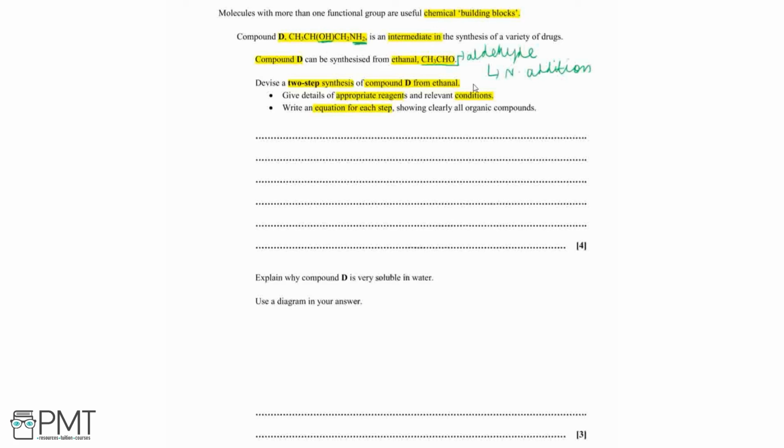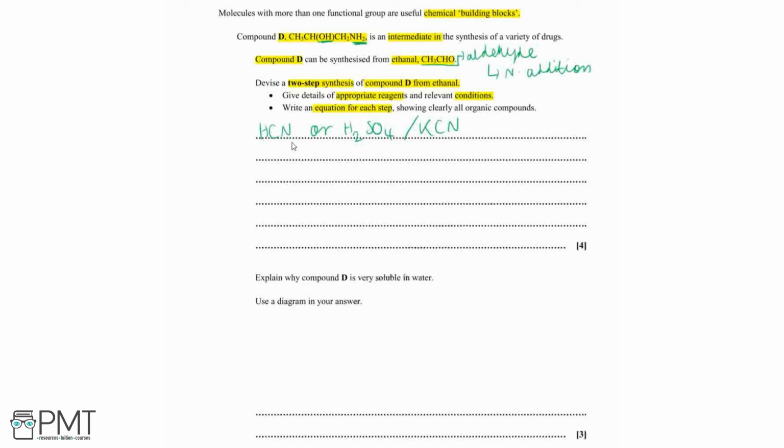So in order to have gone from the ethanol to compound D, we will need to have undergone a nucleophilic addition with either some hydrogen cyanide or some sulfuric acid overall in potassium cyanide. And generally, this second option is preferred because hydrogen cyanide is quite a nasty reagent overall.